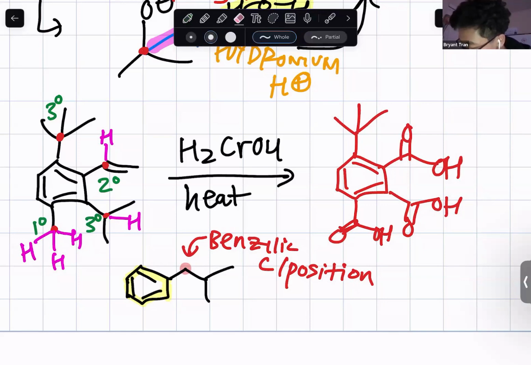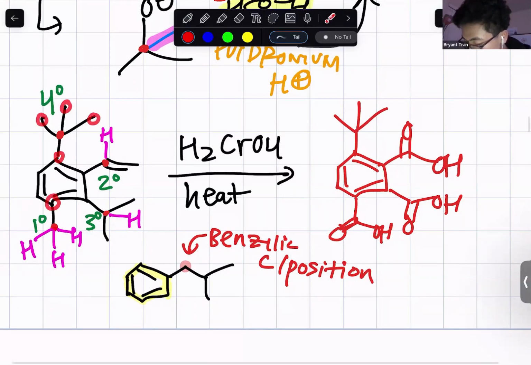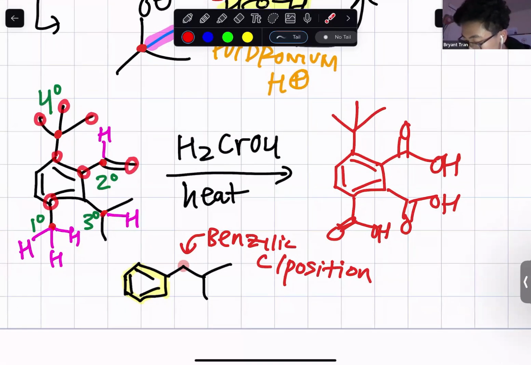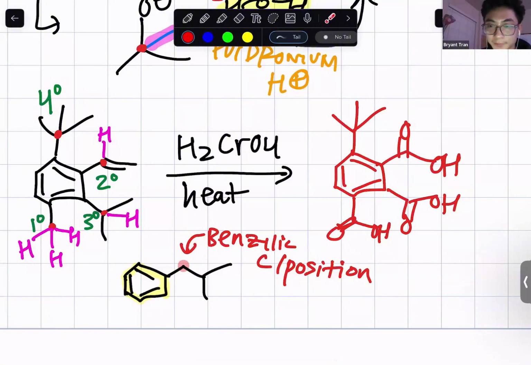Oh, no. The top one would be a quaternary carbon. Quaternary carbons, right? Because this carbon here has four groups attached to it, four alkyl groups. 1, 2, 3, 4. This carbon has one alkyl group. This carbon has two alkyl groups. This carbon has three alkyl groups. 1, 2, 3, like that. Right? So quaternary alkyl groups will not have a reaction.